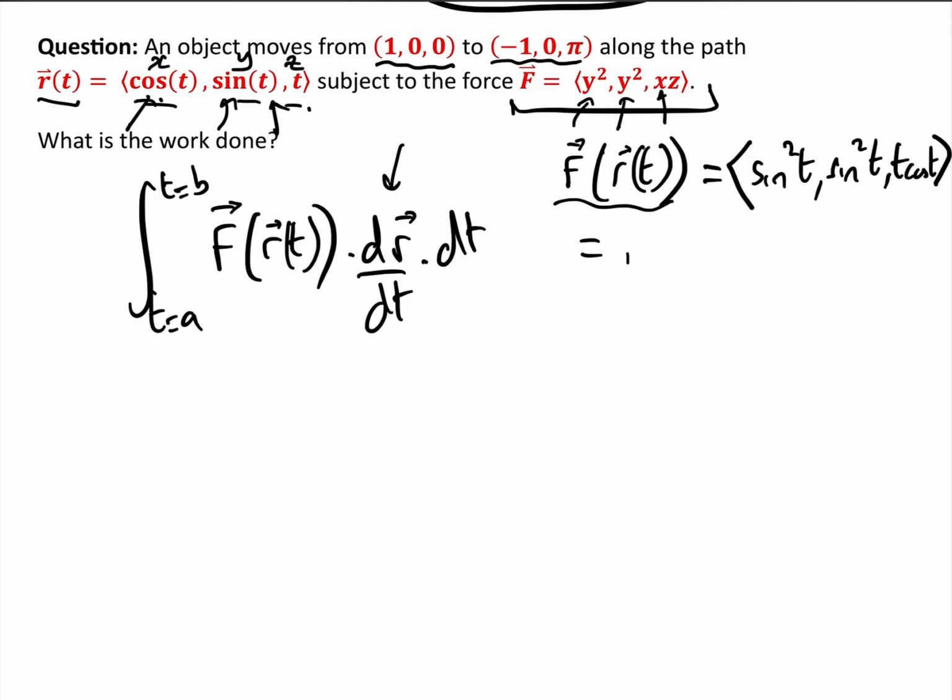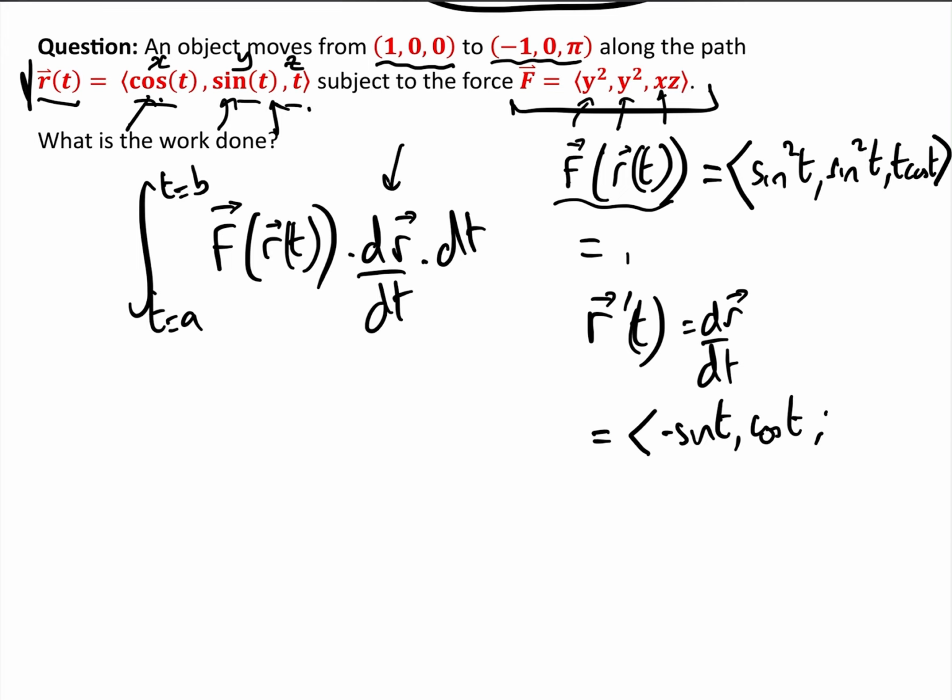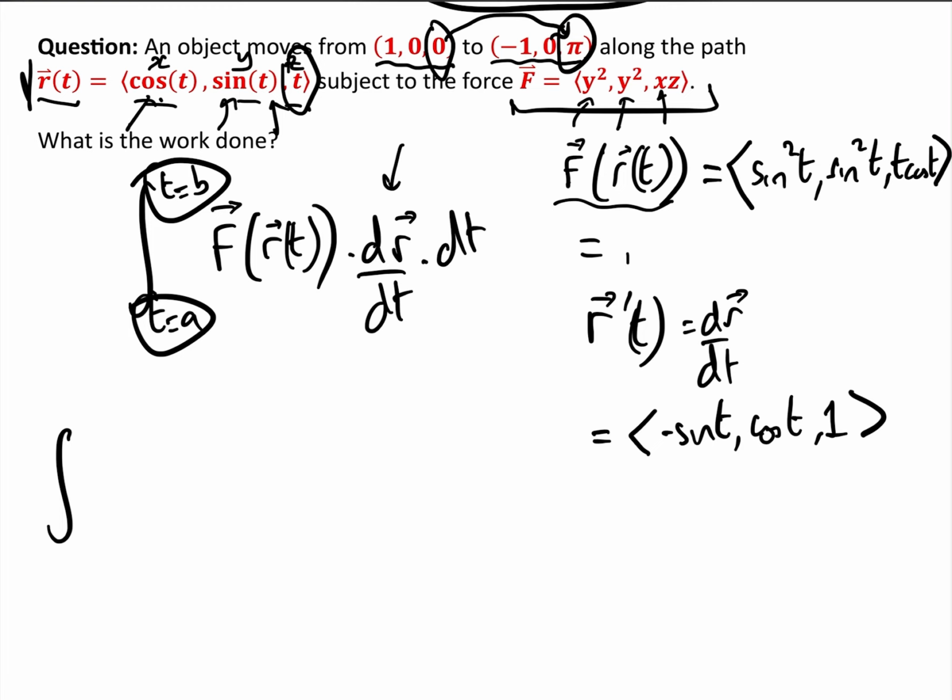Now dr/dt, all we need to do is differentiate this. So r dashed of t, which is the same thing as dr/dt, equals (minus sine t, cos t, 1), still a vector. Now just looking at the limits, how are we going to find out what b and a are? Well, as the z coordinate is t, all we need to do is look at the z coordinate, which goes from 0 to pi, and so b is pi and a is 0.